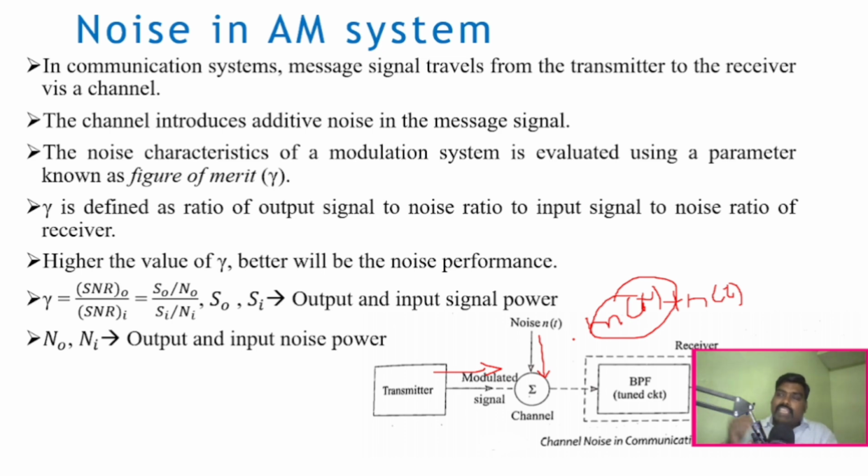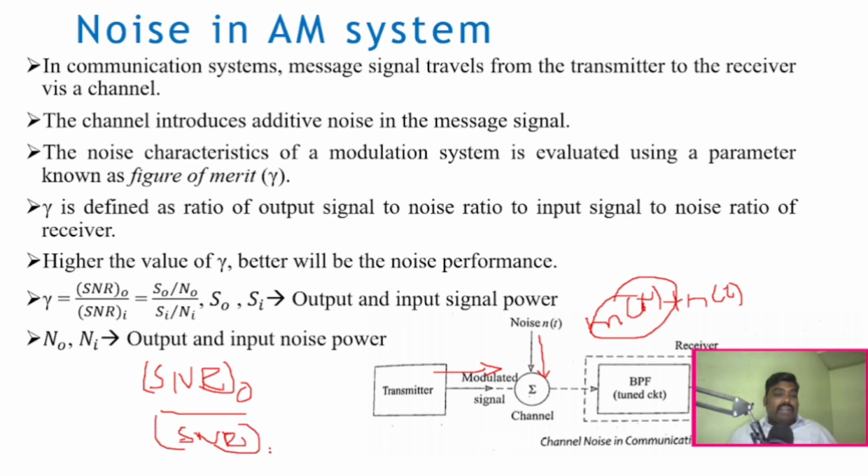Then it is sent to the detector, where the detector will detect the original message signal. I already explained figure of merit: in order to calculate it, we need the signal to noise ratio at the output side and the signal to noise ratio at the input side, and we will see that.